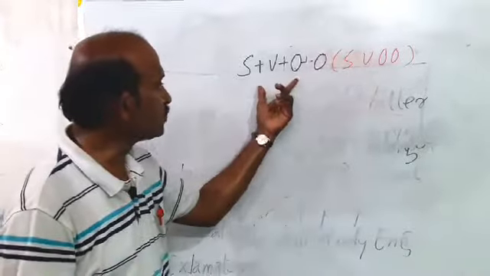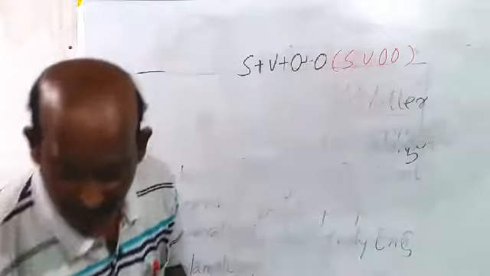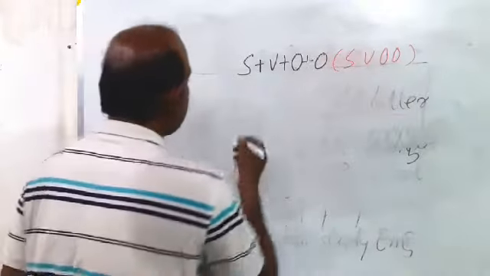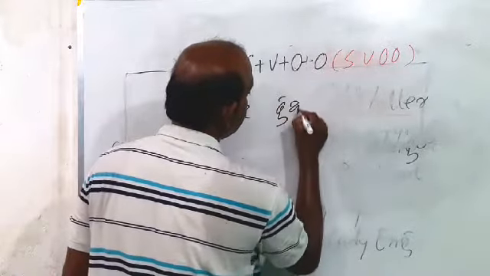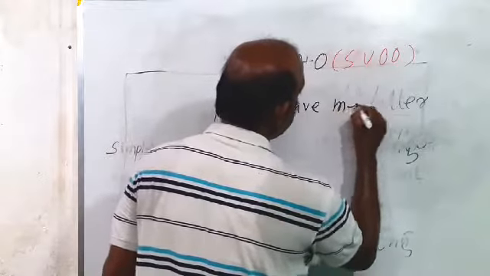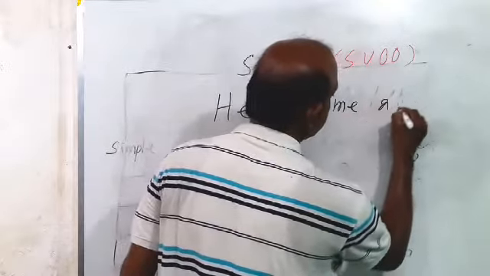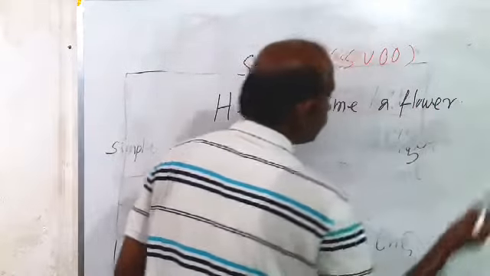And here follow SVOO, or S plus V plus O plus O. He gave me a flower.